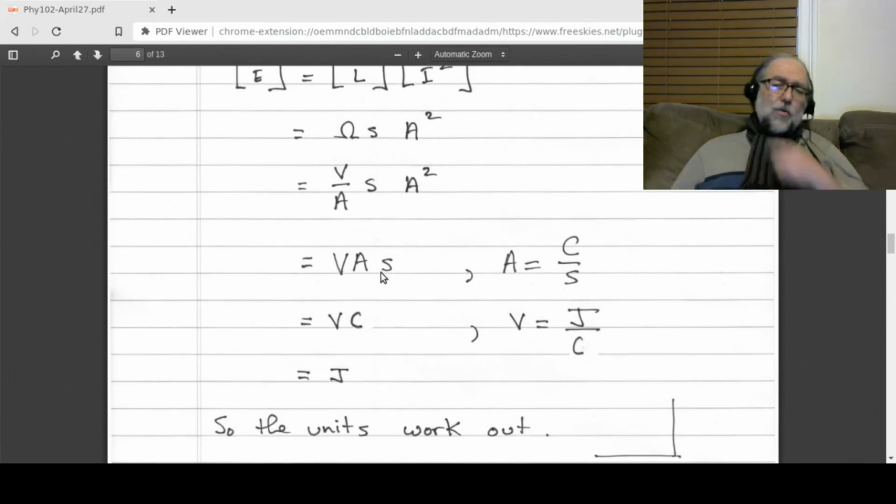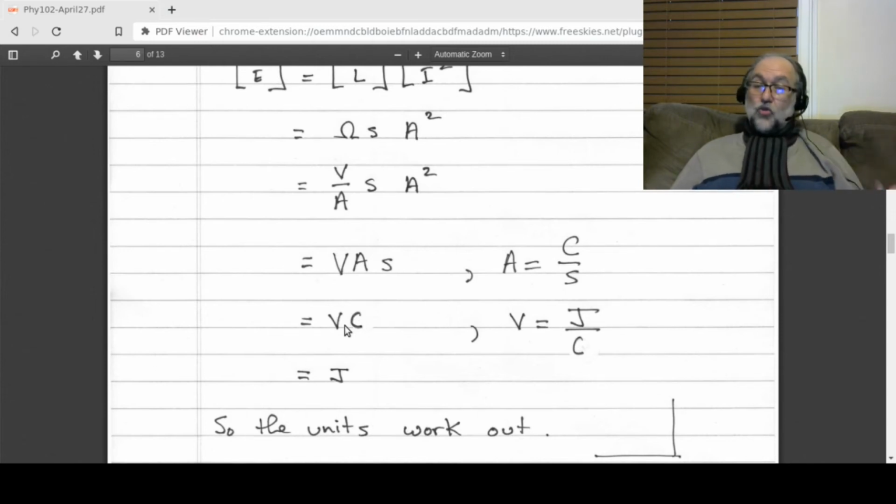Now you remember, isn't an amp just a coulomb per second? One coulomb flowing by per second, that's what you mean by an amp. So you can take out that amp and write it as a coulomb per second. If you multiply the amp times the second, the seconds cancel, and all you get left is a coulomb. So now this is reduced to a volt times a coulomb. But don't forget what a volt is.